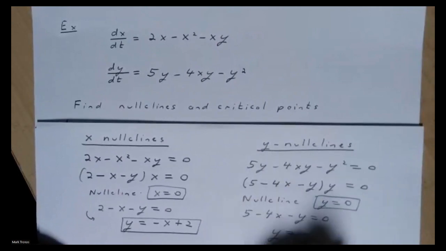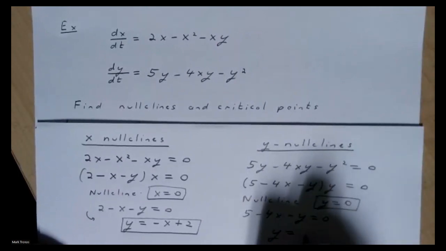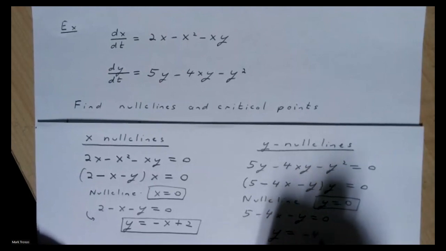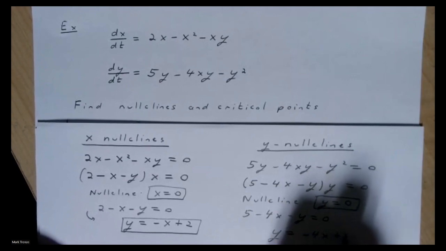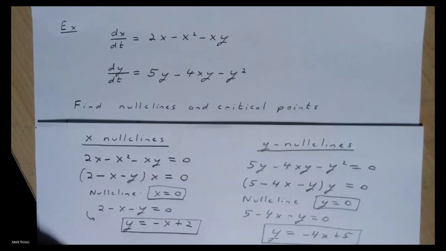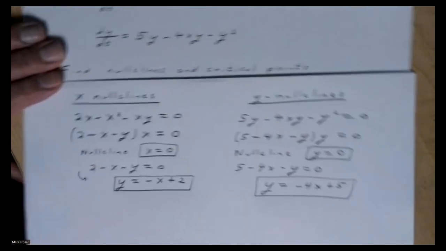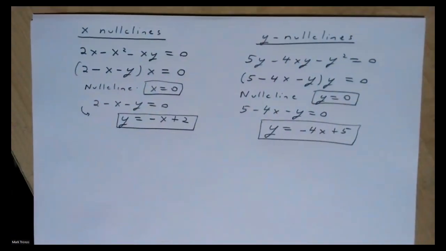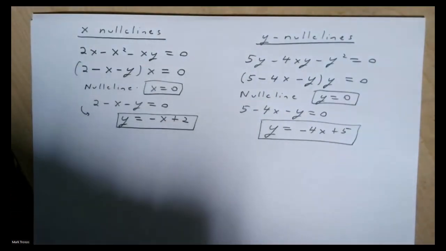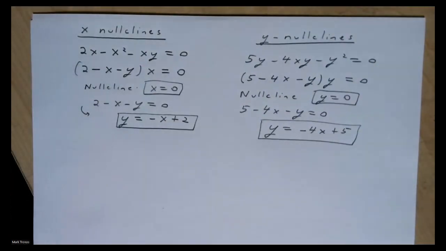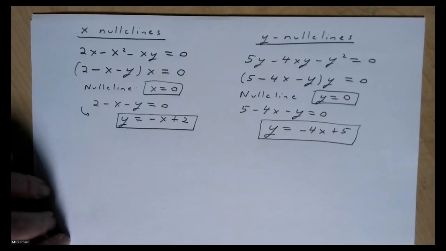Again, if we solve for y in terms of x, we end up with y equals minus 4x plus 5. So now we have our nullclines. All we have to do is go ahead and plot them. These are just simply lines, of course, so we can just plot those on graph paper.